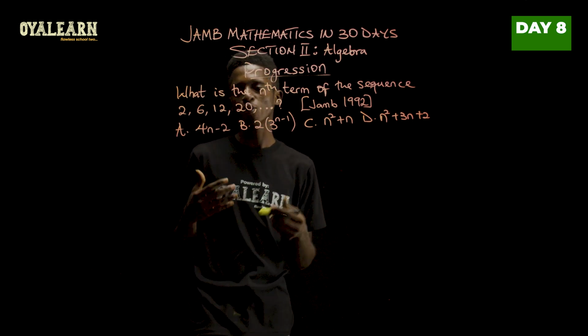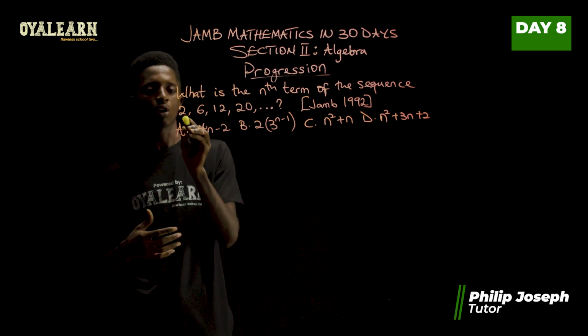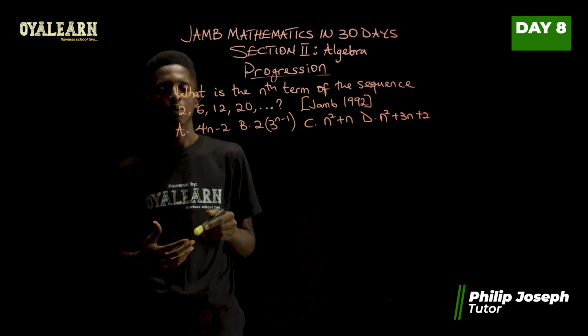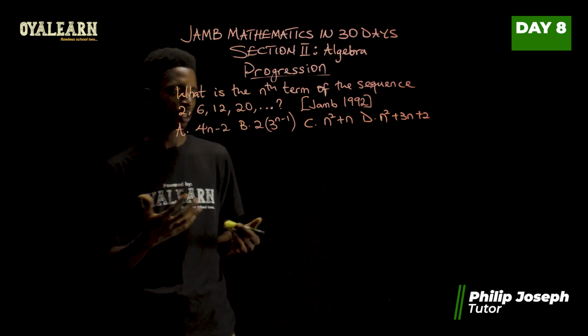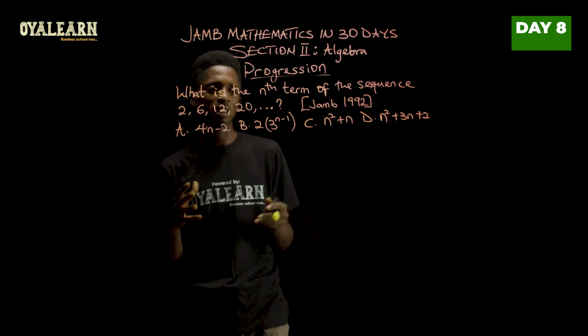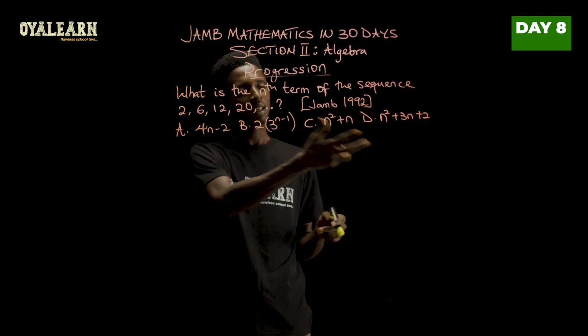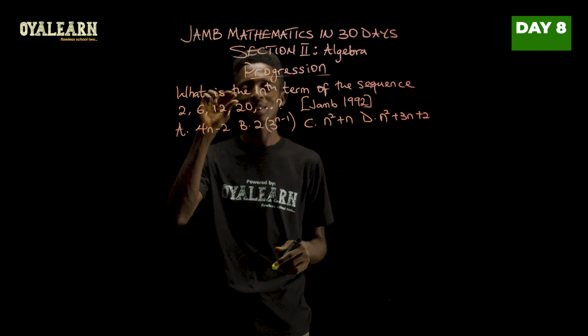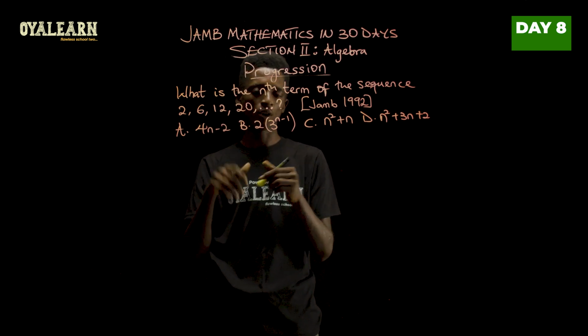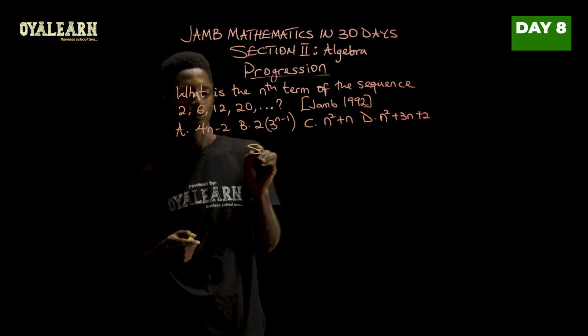In like manner, they do not have a common ratio, because 2 times 3 gives you 6, whereas 6 times 2 is what gives you 12. So there's no common ratio in this case. What we have to do to get our answer is to test these options provided to us, and then we'll see which one describes the nth term of the series.